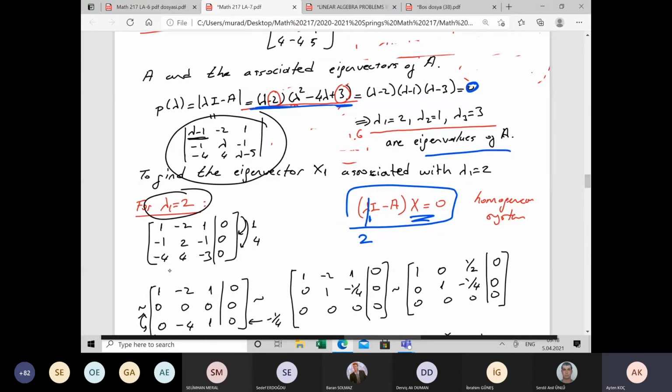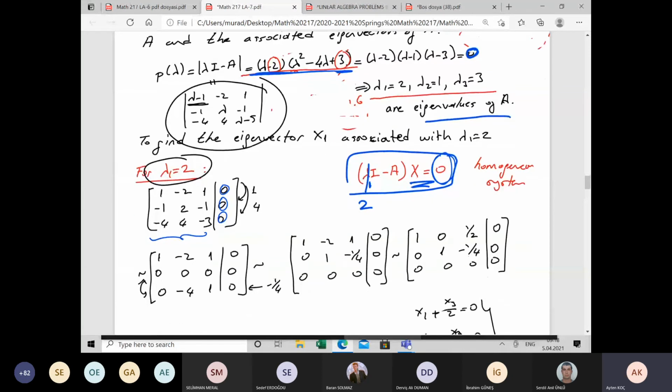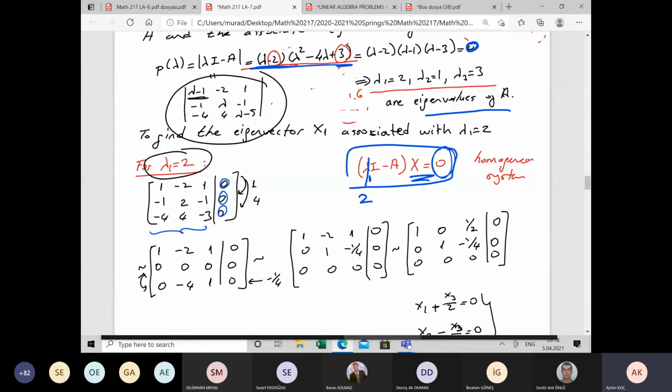We obtain this coefficient matrix, but this is a homogeneous system, so write 0 0 0. Solve this homogeneous system by using elementary row operations. What's x? x is x1, x2, x3.